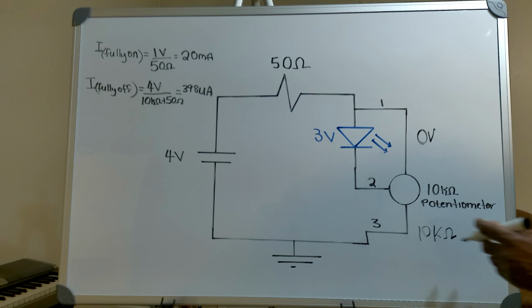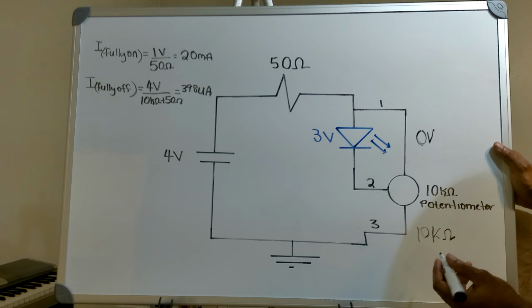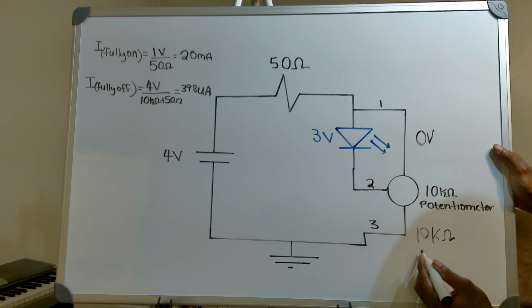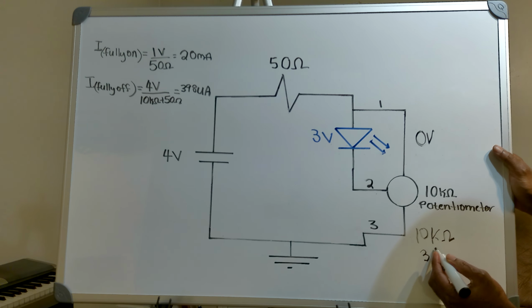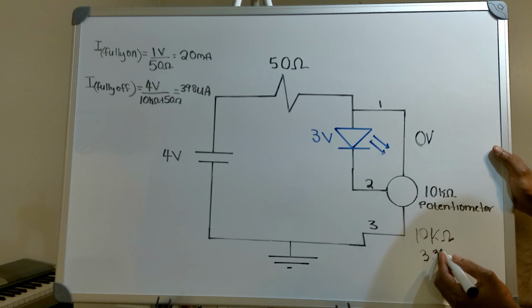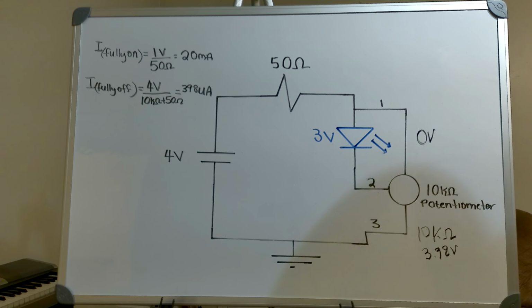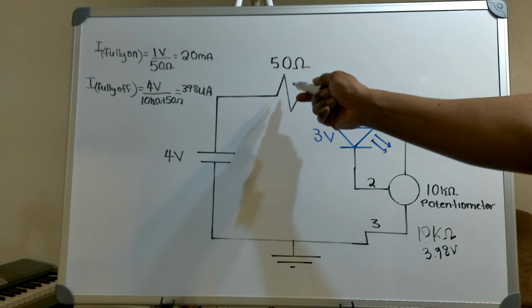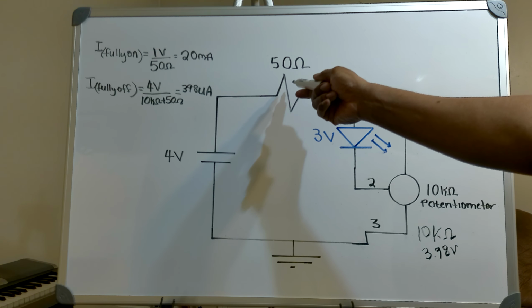So my voltage across my 10K ohm, right, is going to be somewhere around 3.98 volts. And across my 50 ohm resistor, I might have a few millivolts.